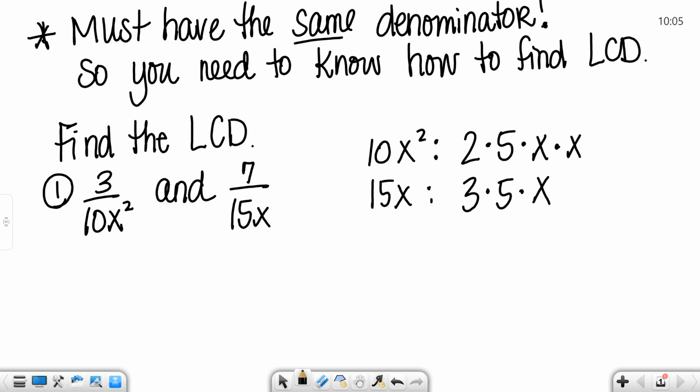My least common denominator means I have to take every factor I see. I'm going to write it down just so you can make sure you have it.